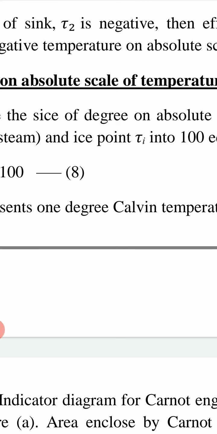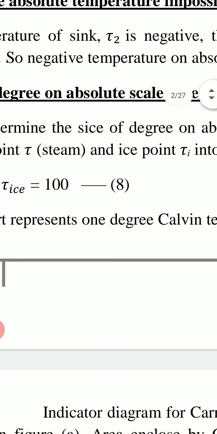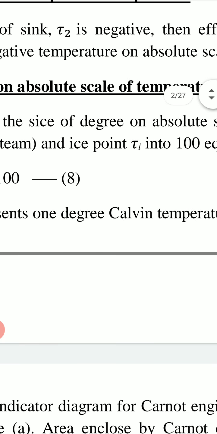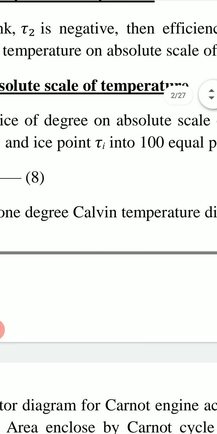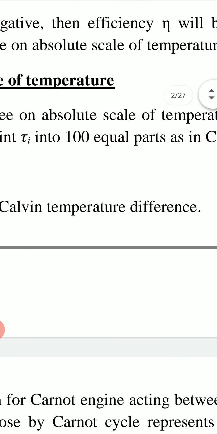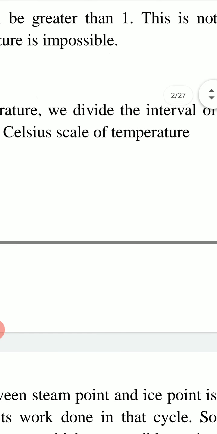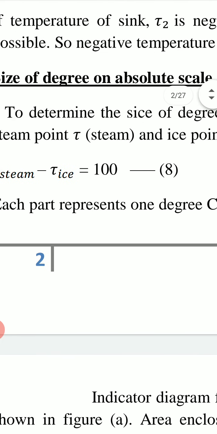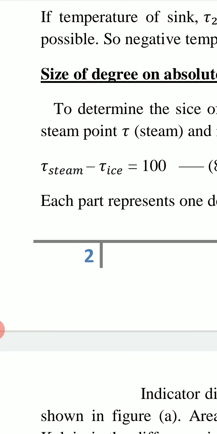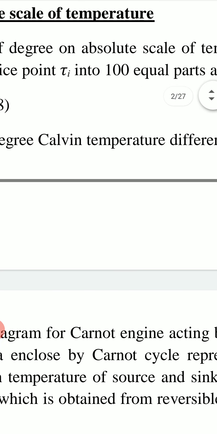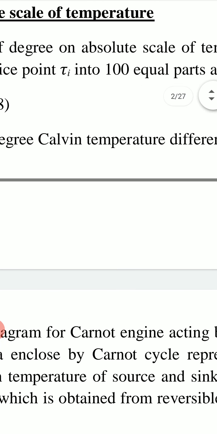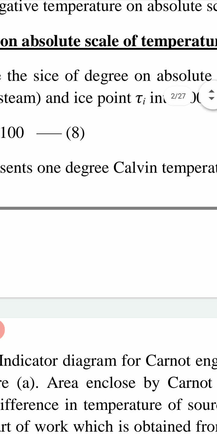And this difference of these two temperatures, we divide into 100 equal parts as in the Celsius scale of temperature. That is, we write tau steam minus tau ice equal to 100. If this difference is divided into 100 equal parts, then each part represents 1 degree Kelvin temperature difference. So in this way we can define 1 degree Kelvin on this new absolute scale, or Kelvin scale.